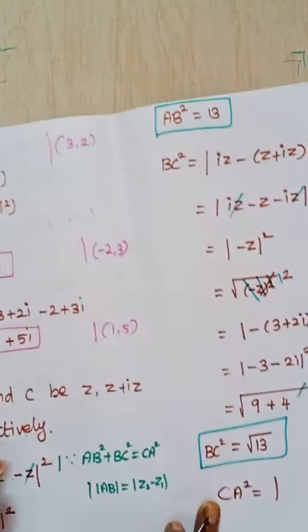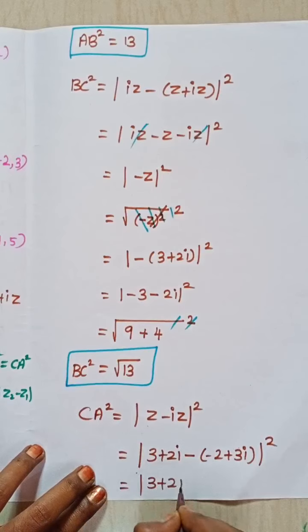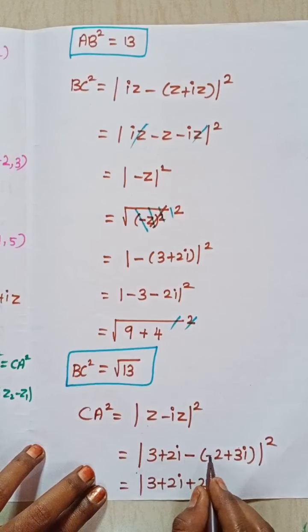So we can write it as modulus of z minus iz, the whole square. z is 3 plus 2i, minus iz, which is minus 2 plus 3i, the whole square, which is equal to 3 plus 2i plus 2 minus 3i, the whole square.